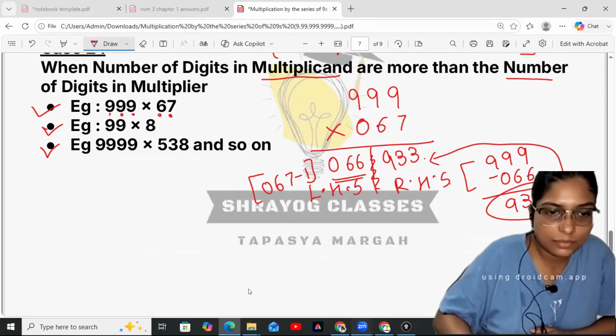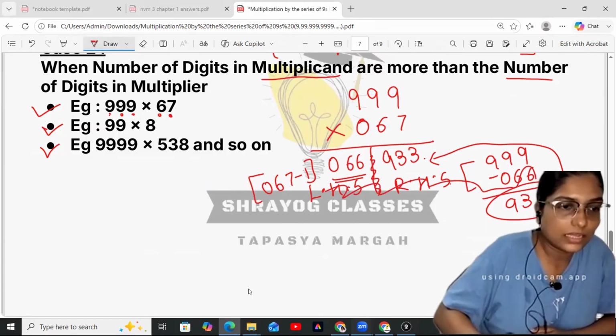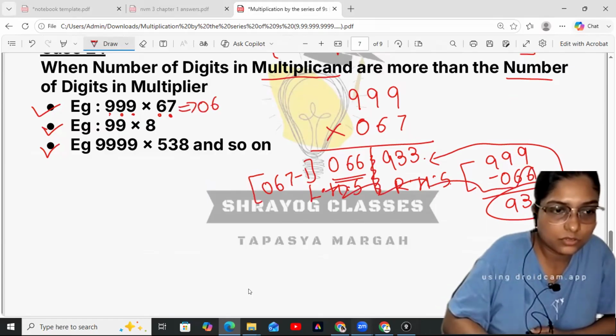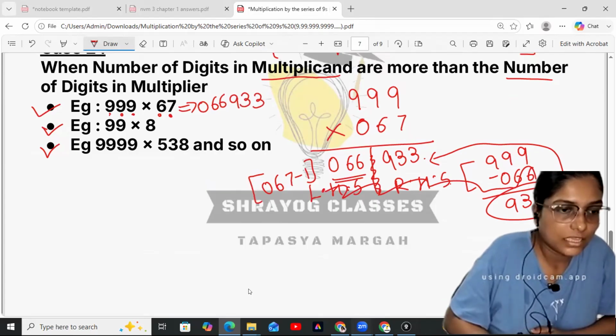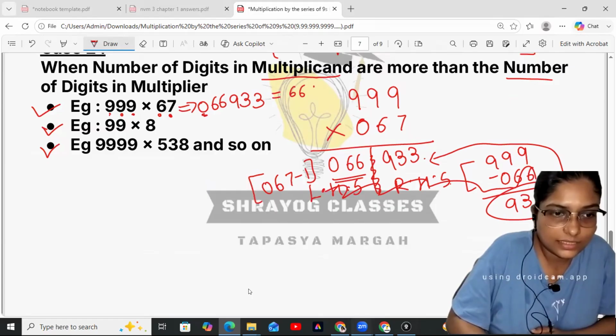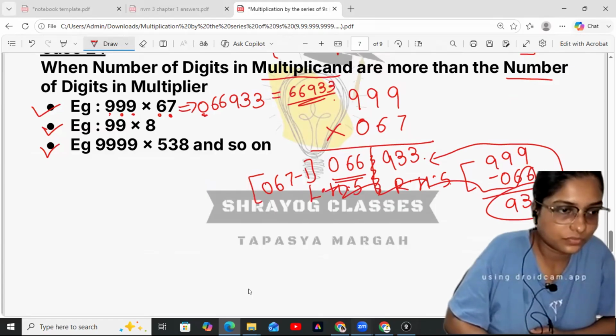Once I erase the partition, my total answer becomes 066933. If 0 is kept in front of any number, that 0 has no value. So you can write this answer as 66933. This is the same.